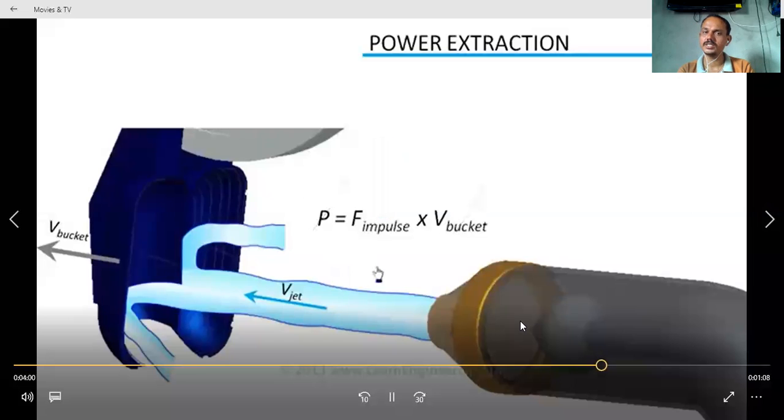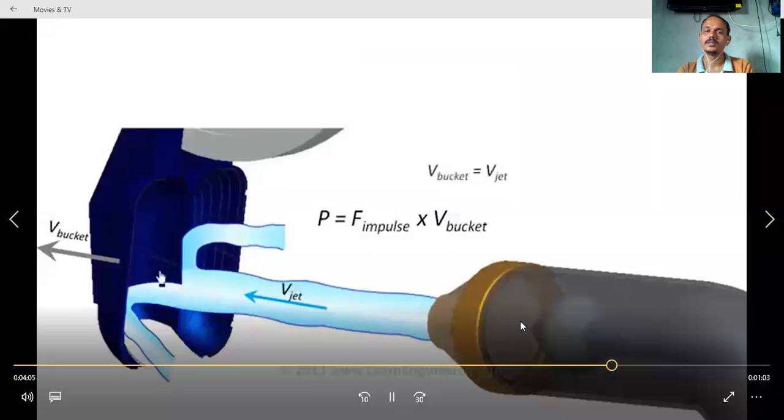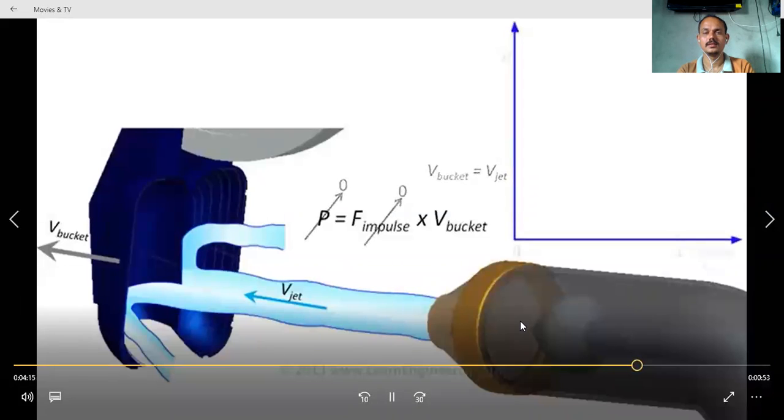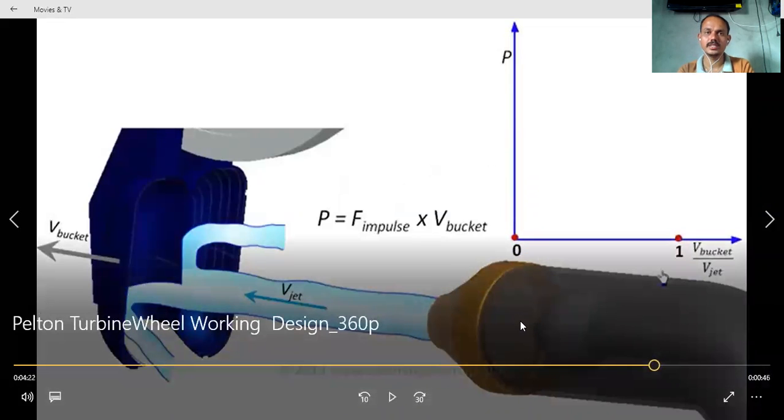Pressure energy is also zero, and that bucket energy is not required. So only whatever force is available here is the kinetic energy. So these turbines are impulse turbines.